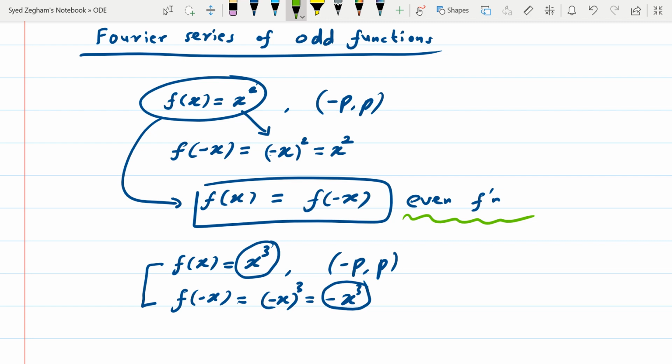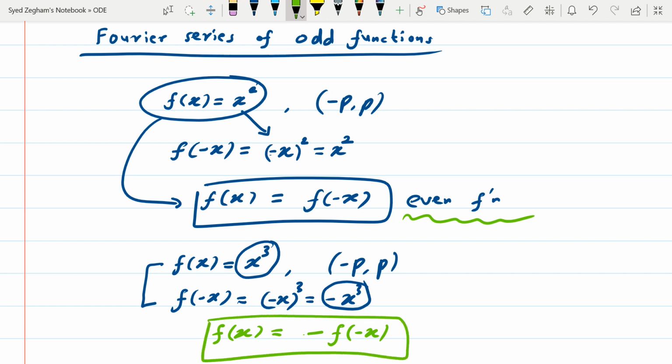And if f of x and f of minus x have the same magnitude but opposite sign, this gives us the concept of odd functions.